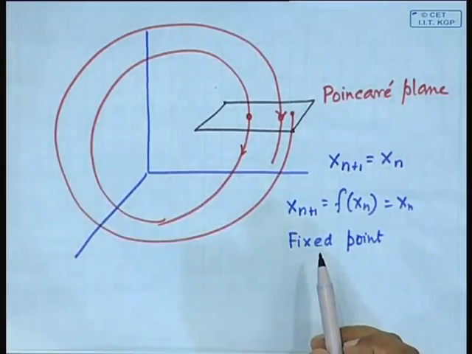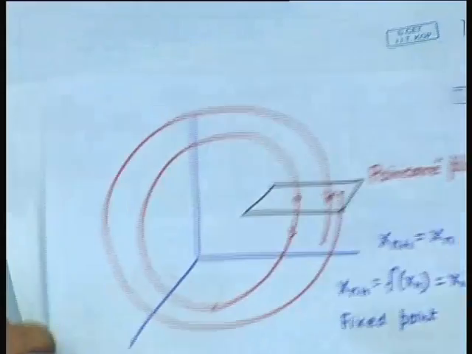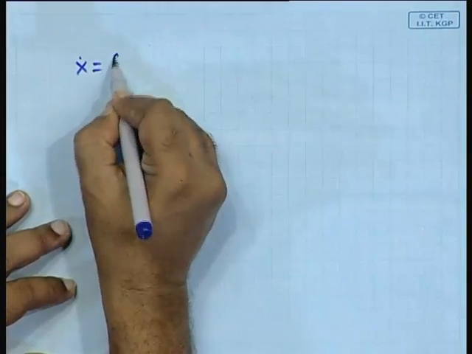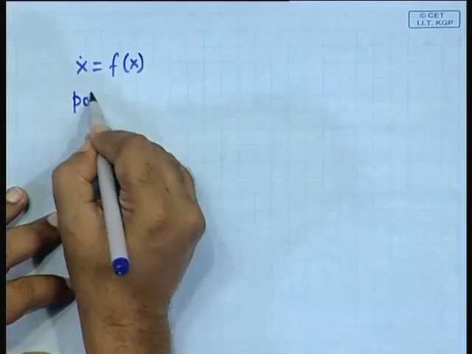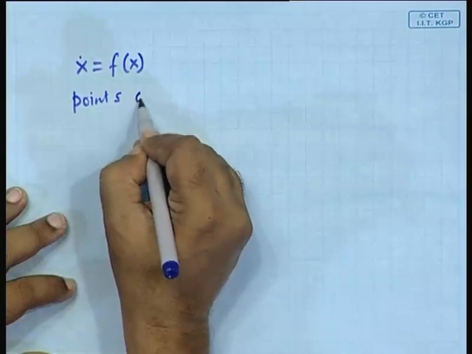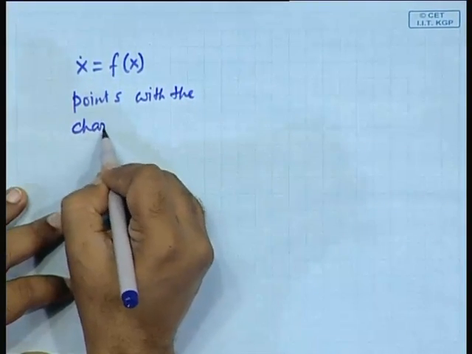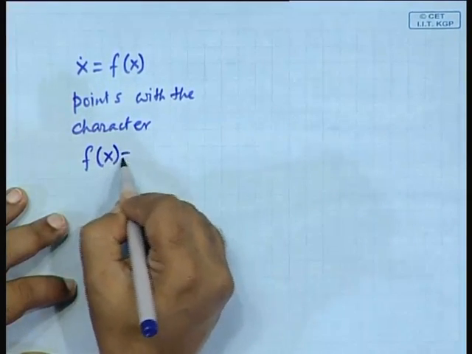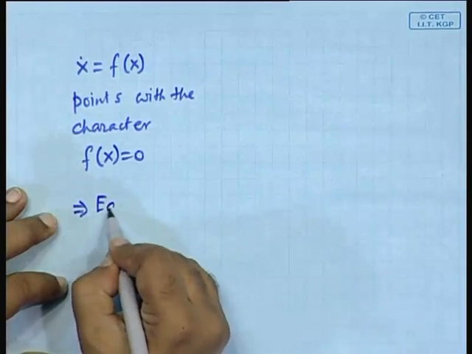So, the nomenclature is important. For continuous time dynamical systems, points with the character f of x equal to 0 are equilibrium points.